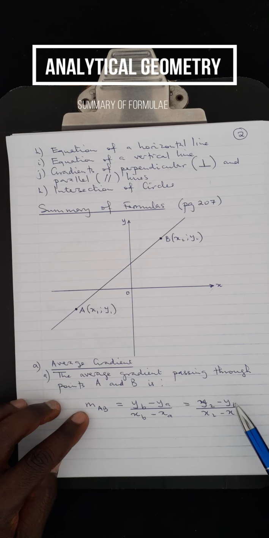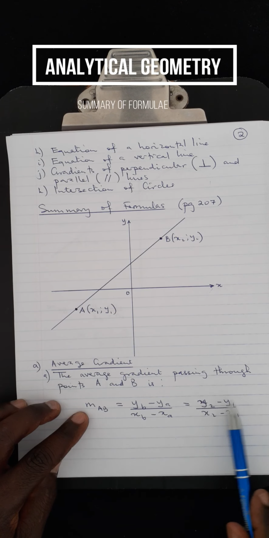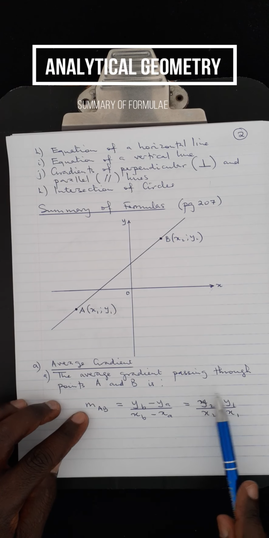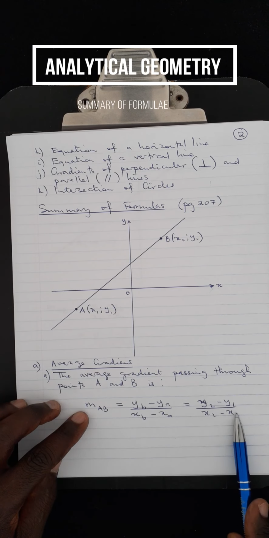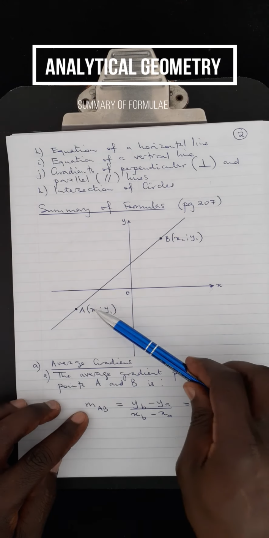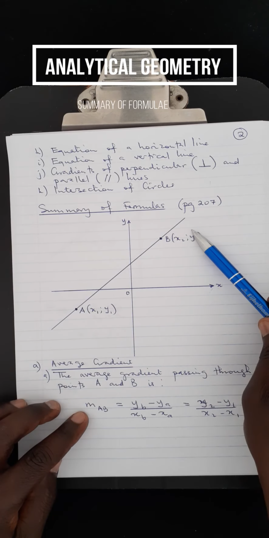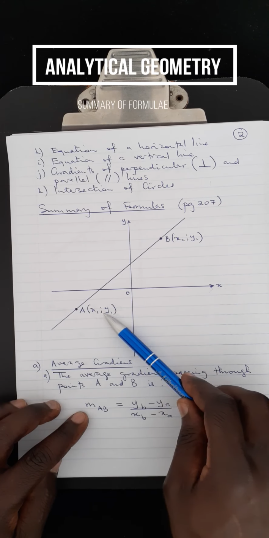As we shall see later, the order does not matter, whether we say Y1 minus Y2, as long as we keep the sequence, that is 1 minus 2 in terms of Y and 1 minus 2 in terms of X. So it doesn't matter which point you take as your first point. Y1, X1 means the coordinates of the first point.